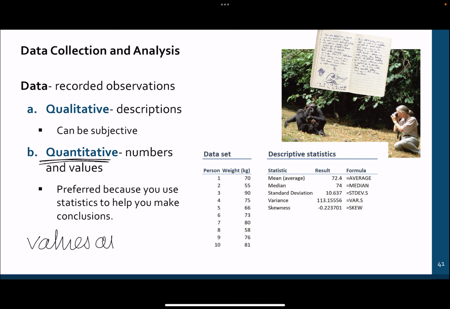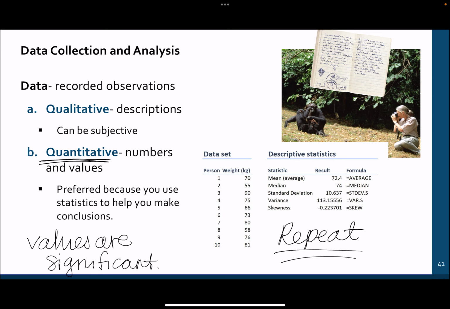Now, what you do with that data depends on the type of data you have and your goals for the experiment. So very often we'll do statistics on our data. Usually we want to repeat our experiment with as many different sample groups as possible, a large sample size if possible, because that's going to better allow us to see trends in our data.